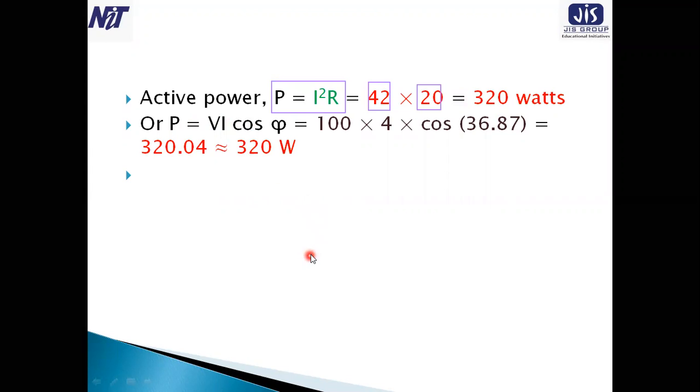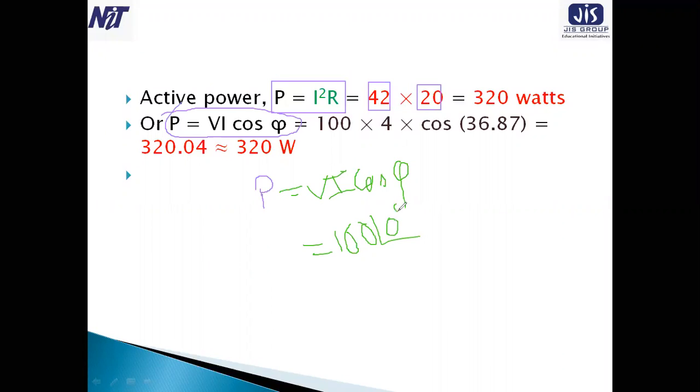Or in some other way we can also calculate this. That is VI cos phi. This is the formula of the active power. We already learned this in our previous lecture. So P equals VI cos phi. What is V? 100 angle 0 degree.